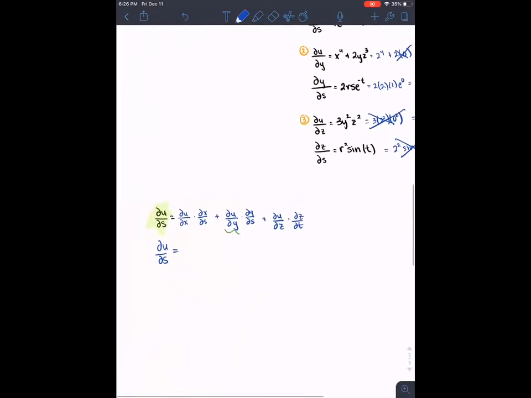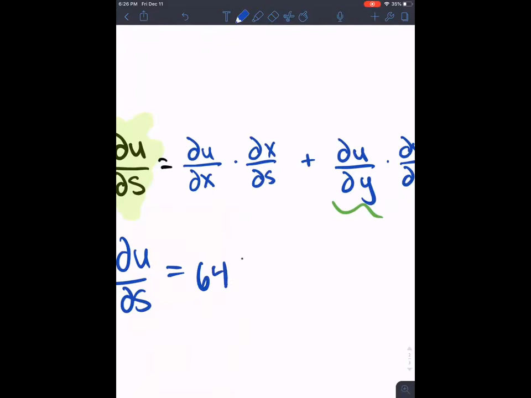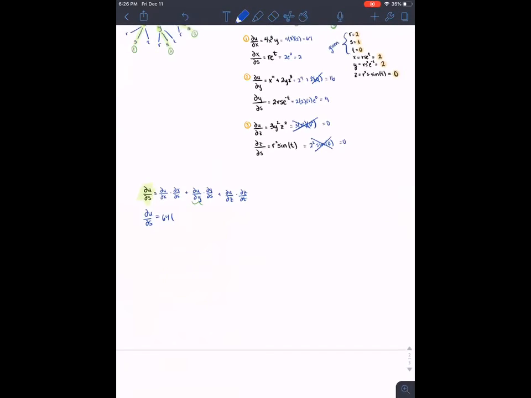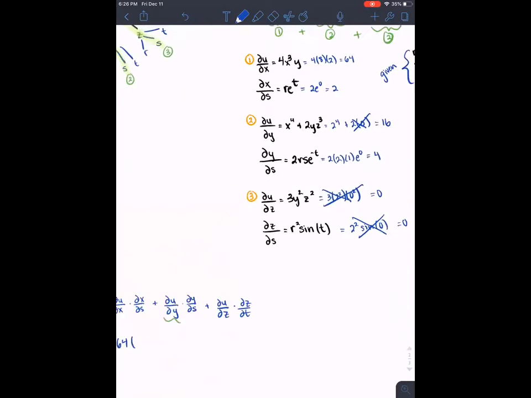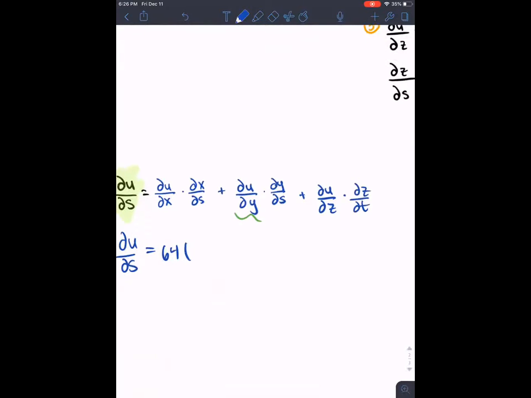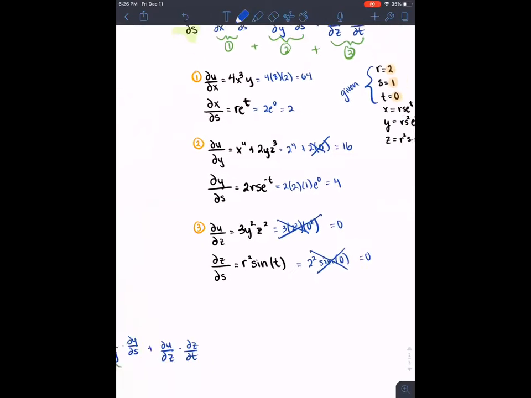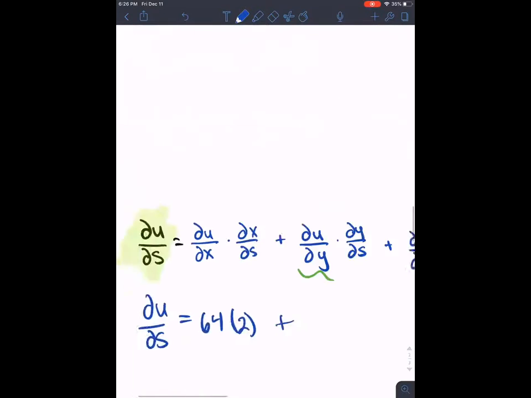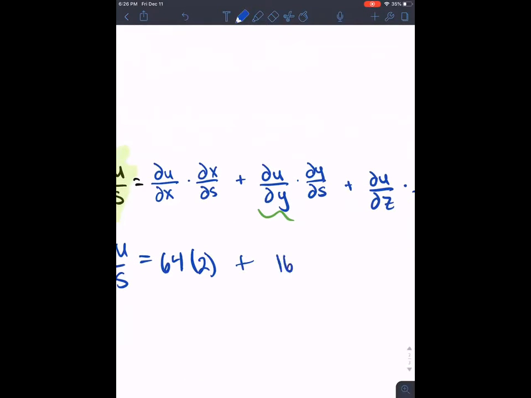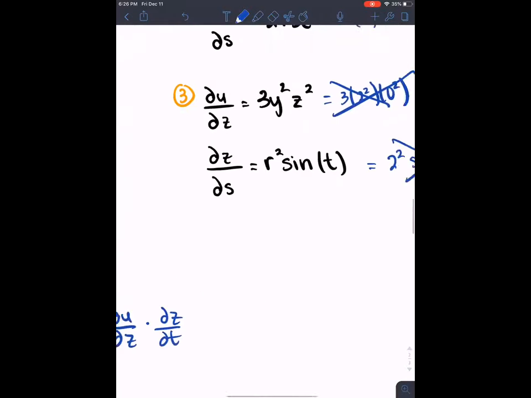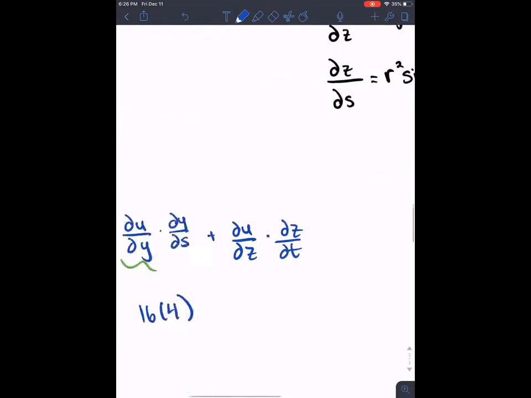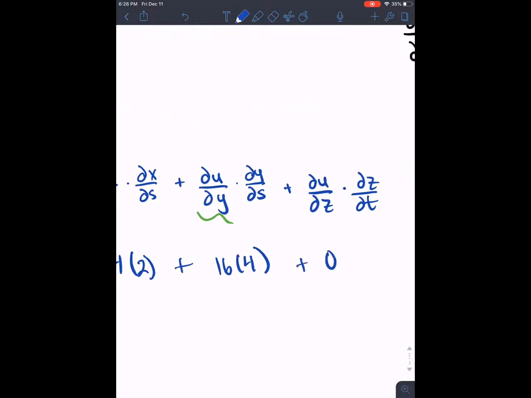We found that to be 64. 64 times what is partial of x with respect to s? That apparently is 2. Plus what is partial with respect to y? 16. And then that will be 4. So plus 16 times 4. And finally, what is partial with respect to z? 0 times 0, which is just 0.